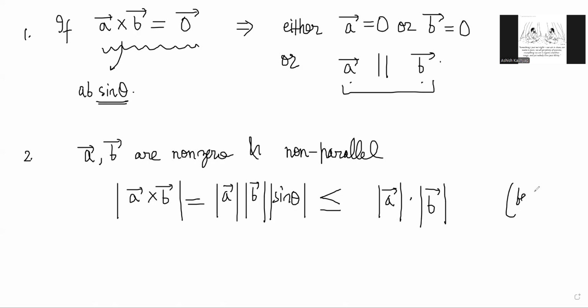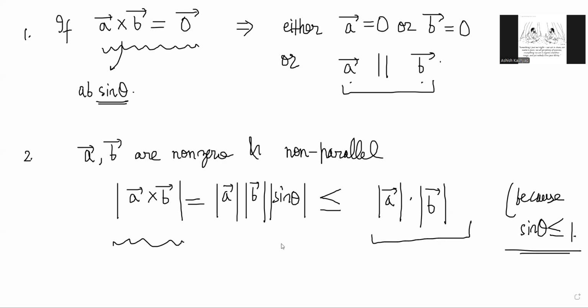Because sine theta will be less than equal to 1. So this inequality is true, that when you do cross product of two vectors and take their modulus, it will be less than equal to the product of the moduli of the individual vectors. So just like in the dot product, they have an inequality like this here.